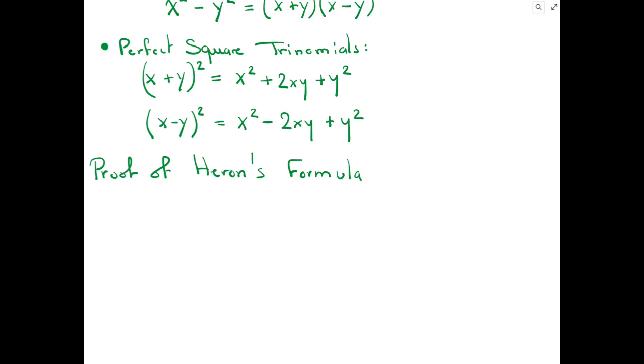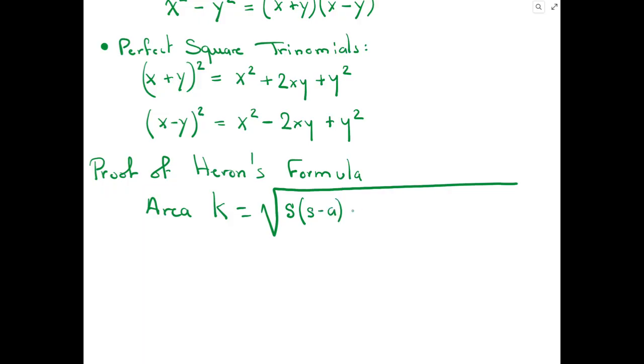And Heron's formula says that area K is equal to the square root of the semi-perimeter times the semi-perimeter minus A times the semi-perimeter minus B times the semi-perimeter minus C. So that's Heron's formula, and that's what we want to prove, okay? So here we go. Step 1.